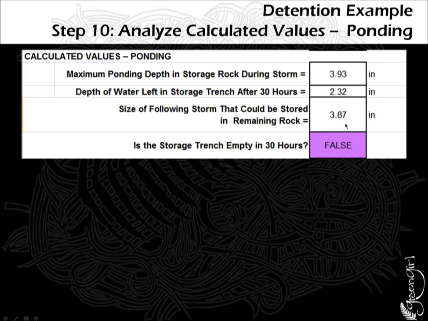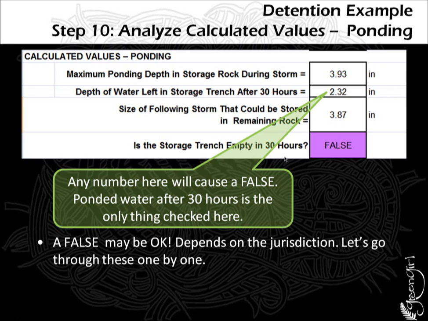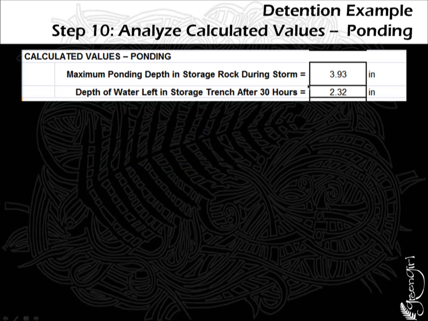So it's almost 4 inches here, and that also is accounting for the 40% void ratio. So we have a lot of storage in that 12 inches of base rock, where we could store another big storm the very next day. So any number here will cause a false, and so ponded water after 30 hours is the only thing checked here.